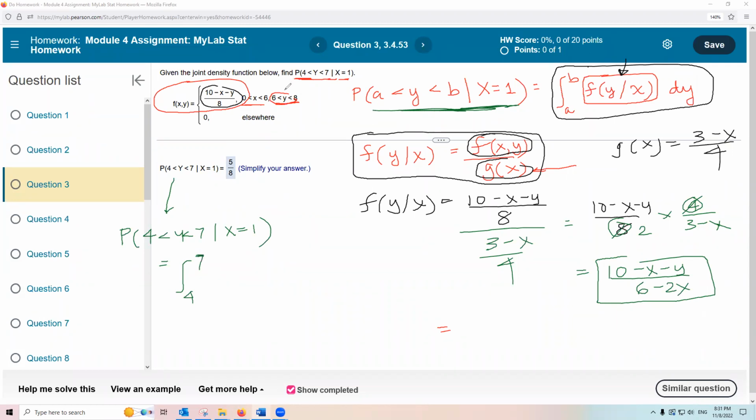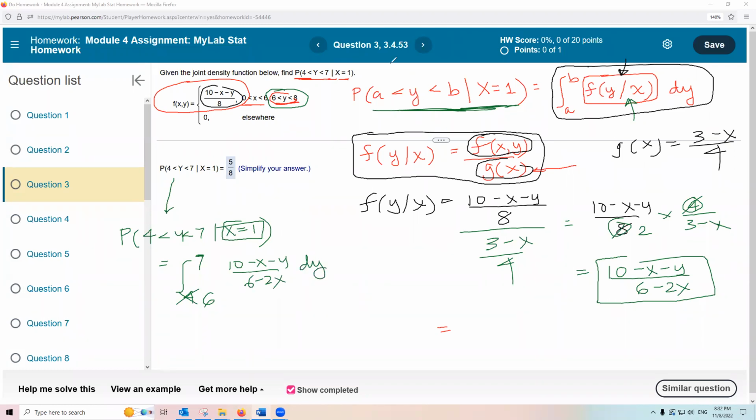The y values are only allowed to range from 6 to 8. So instead of writing a 4, I have to make this a 6, because that's the valid interval for y in this probability density function. And I need this f of y given x that we just worked out. So it's (10 minus x minus y) over (6 minus 2x). This is all under the condition that x equals 1.